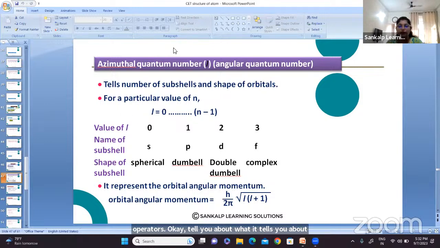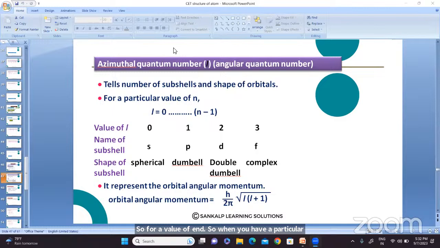For a particular value of n, l goes from 0 to n minus 1. If the value of l is 0, the subshell is s. If l is 1, the subshell is p.